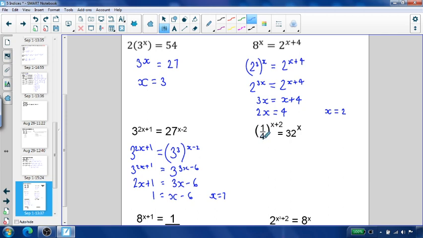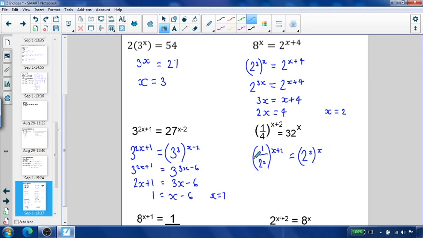So I'm going to break this down a little bit. Let me think about it. 1 over 2 squared, I could rewrite that as, and still to the power of x plus 2. And then this one, well, how am I going to get a base of 2? Well, I know that 2 to the power of 5 is 32, and it's all still to the power of x.